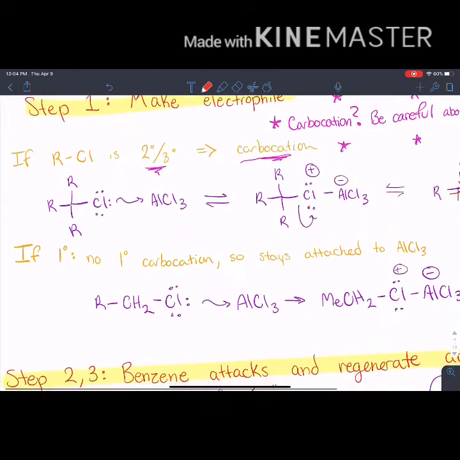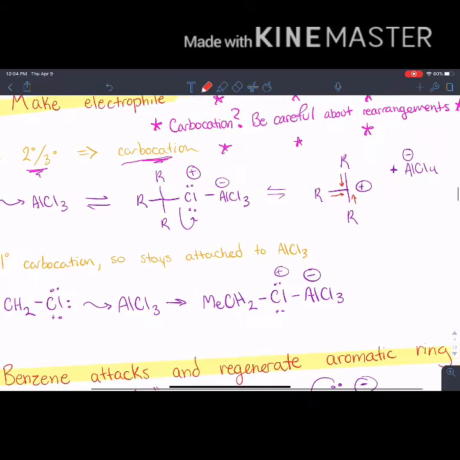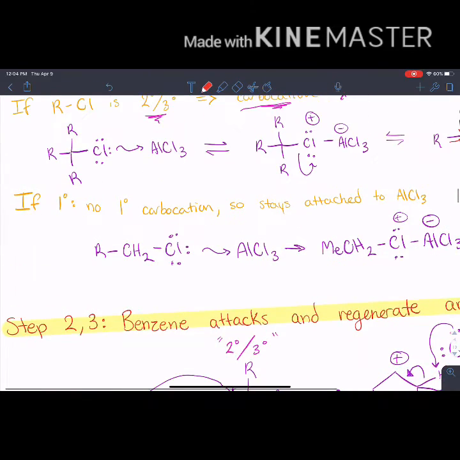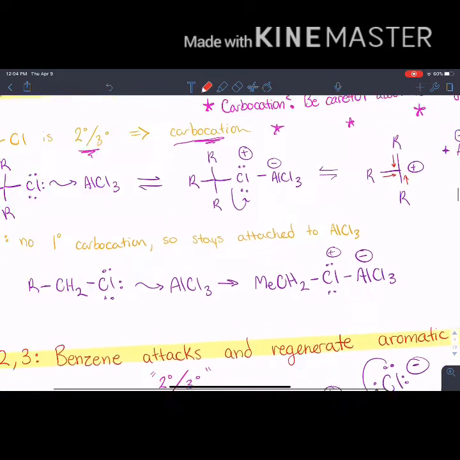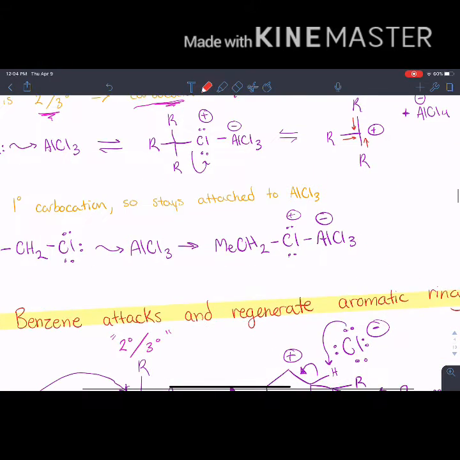So that's why secondary, tertiary lead to carbocation. Whereas primary, you don't. It's just too unstable. All right, this is from basic OChem. Primary carbocations are just too unstable to be created. So we just create an electrophile that can be attacked later on.